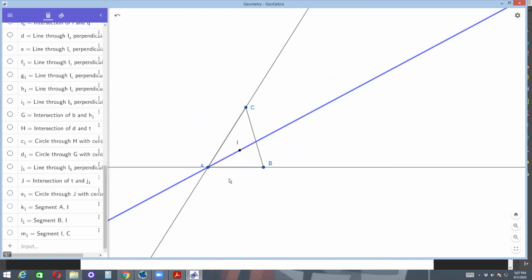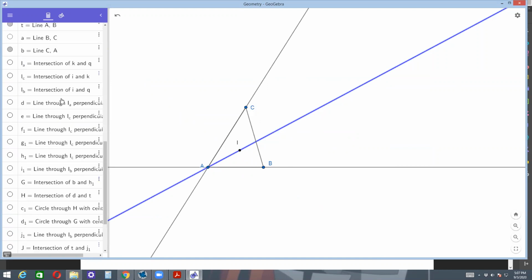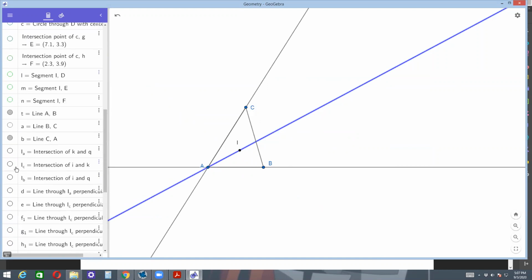All right, so I'm going to take the angle bisector passing through A. I'm going to extend the side AC, and I'm going to take this angle with whatever point this is, this obtuse angle. I'm going to bisect that as well. Let me see if I find the correct line here.